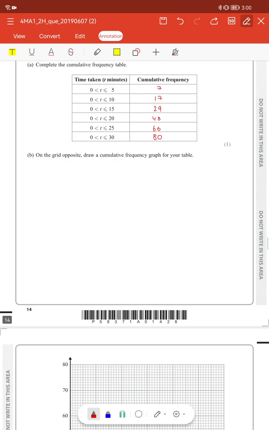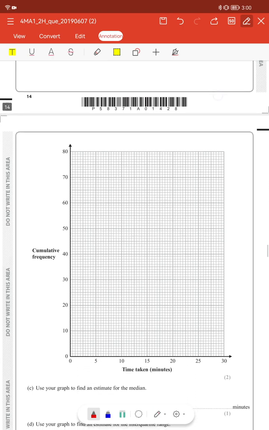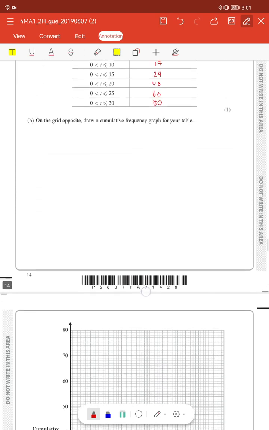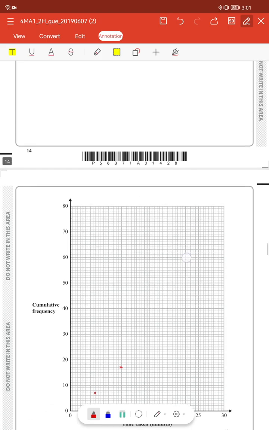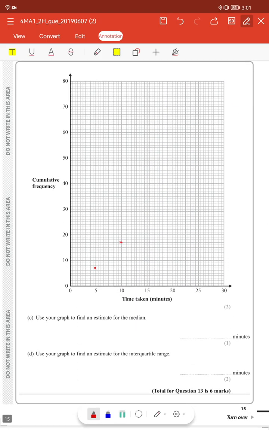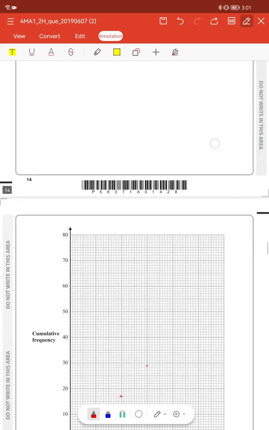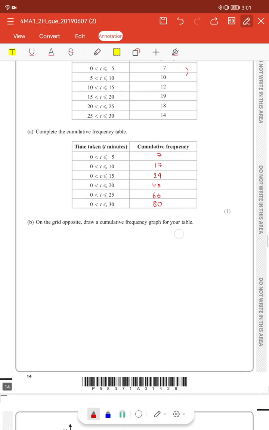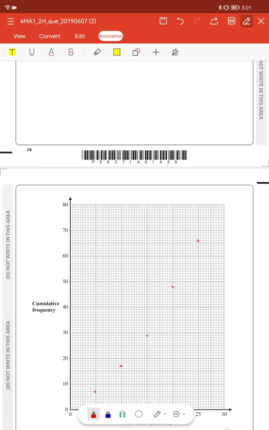What we want to do here is, by drawing a cumulative frequency graph, we want 5 and 0, 10 and 17, which is there, 15 and 29, which is there, 20 and 48 is there, 25 and 66, and 30 and 80.